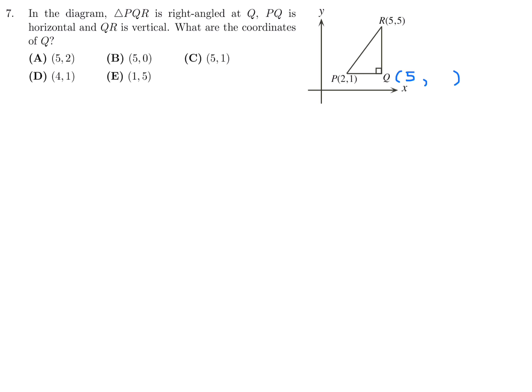So that's going to be a 5. The y-coordinate will be the same as the y-coordinate of P, right? Because it's along the same line as y equals 1. So there you go. 5, 1 is the coordinate for Q, and therefore number 7, the answer is C.